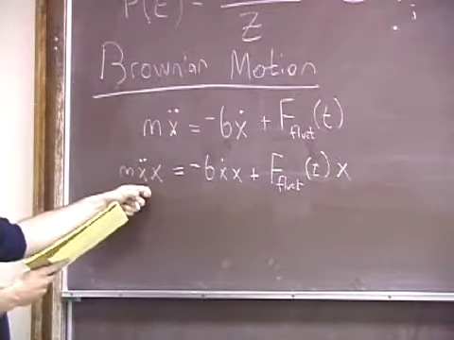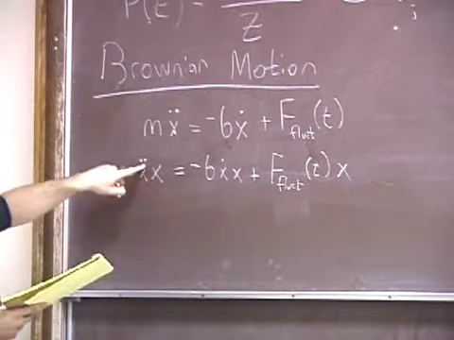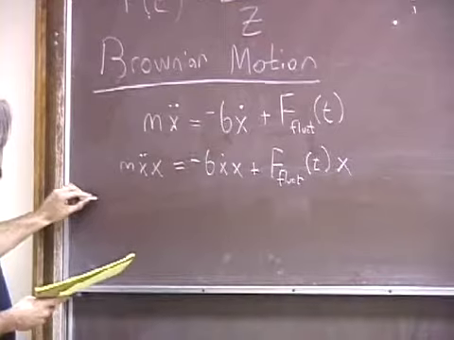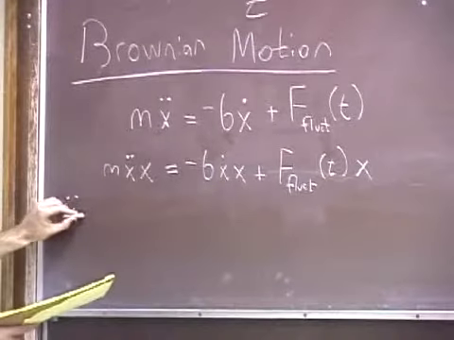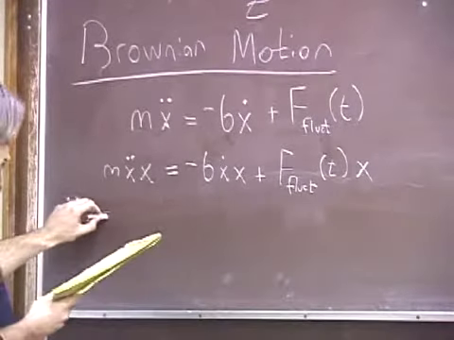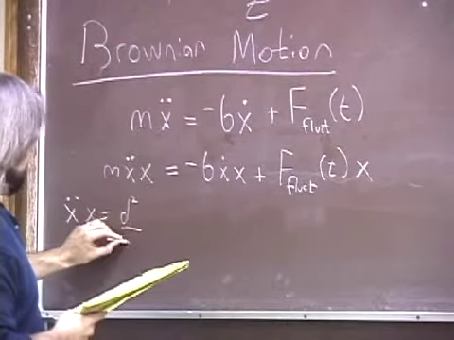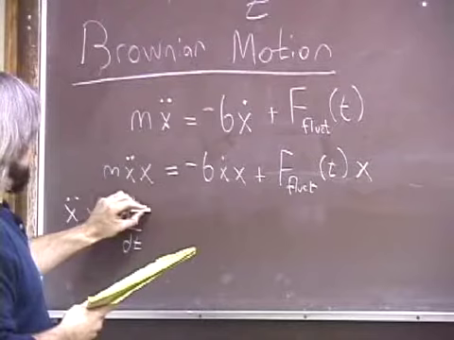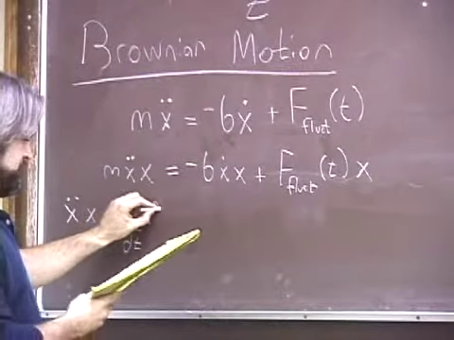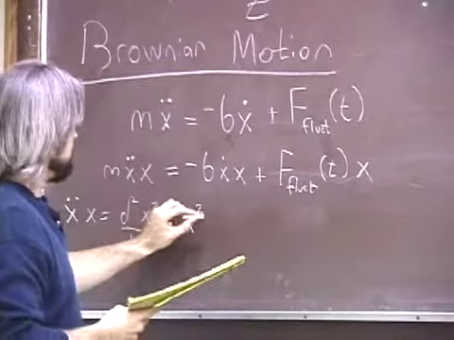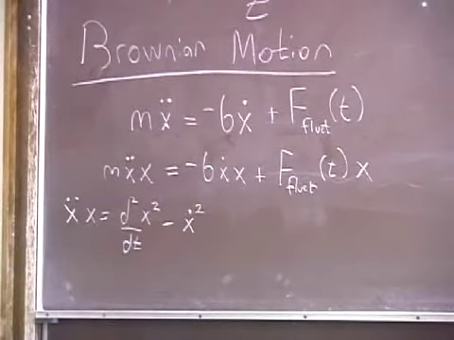And then use the fact that x times the second derivative of x is equal to the second derivative of x squared minus the square of the velocity, just the chain rule.